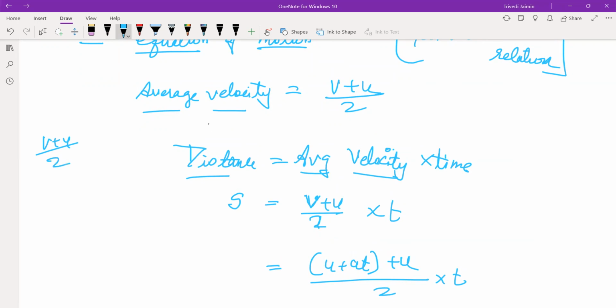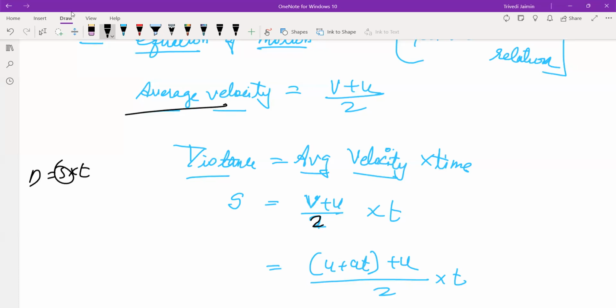How many do we have? 2. We have 2 velocities here, final and initial. Distance equals speed into time, so your speed is the average velocity into time: V plus U by 2, into T.